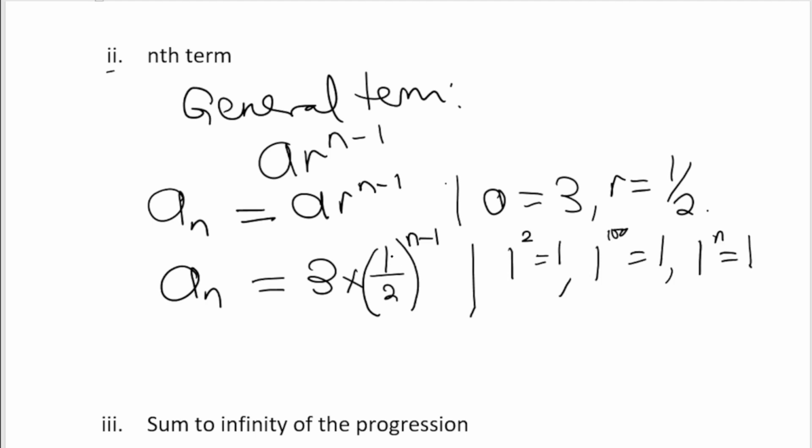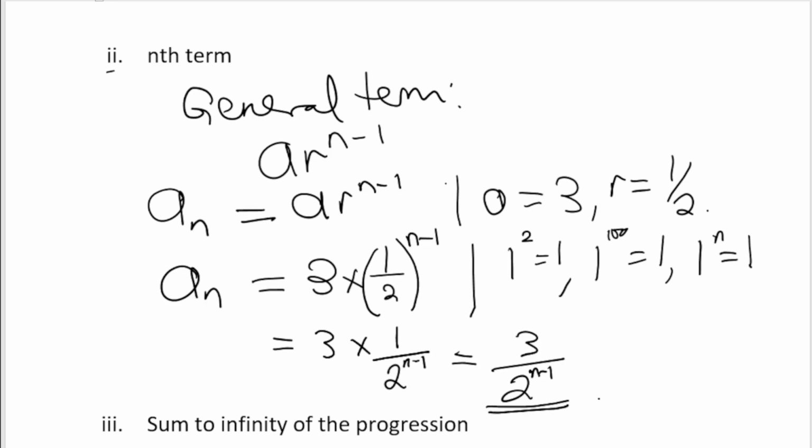And so this means that on the power here, on the 1 here, it will still be 3 multiplied by 1 over this 2 will be 2 to the power n minus 1. Then when we multiply with that 3, we get our answer to be 3 over 2 to the power n minus 1. And this is our nth term or our formula.